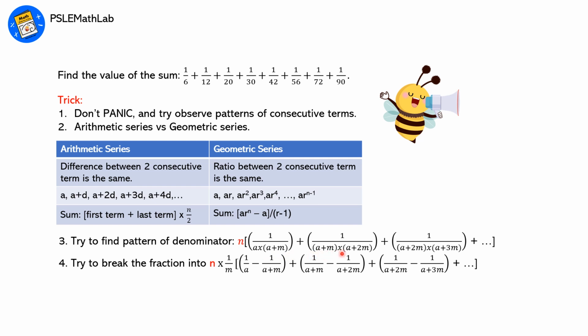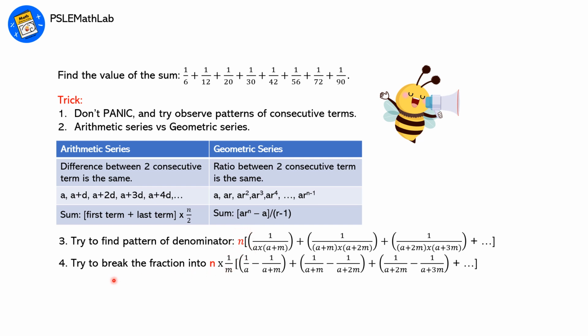The second fraction is a plus m times a plus 2m, then a plus 2m times a plus 3m. The difference between these two numbers is always a constant m. Sometimes the series may have misleading information, then you need to multiply n into the denominators, then you can see the pattern.